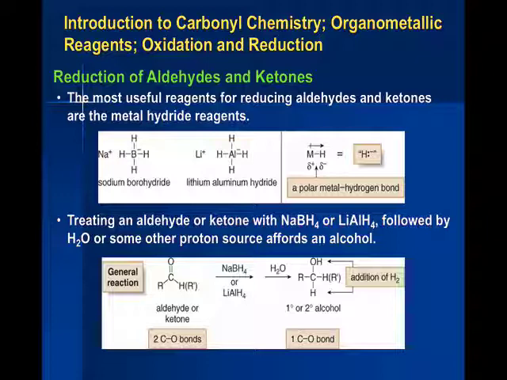So Anna comes into lab. She has 1 mole of aldehyde. She wants to reduce it to the alcohol. How many moles of sodium borohydride does she need? It is not 1 to 1. It's not 2. How many hydrides do I have on sodium borohydride? I have 4.